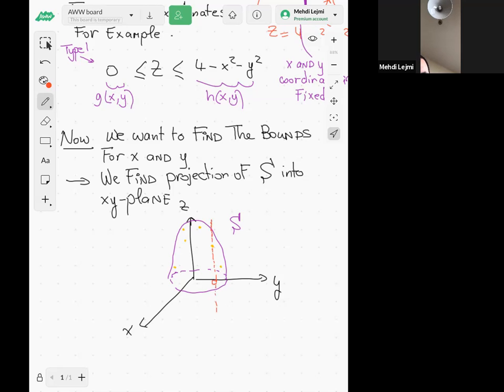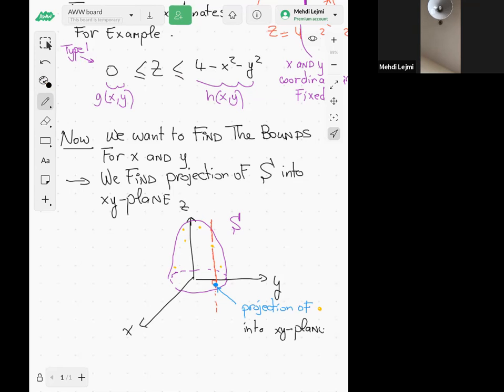So this is this line here. All right, so then the intersection with the xy plane would be, let's say, this blue point. So this point here is the projection of my yellow point into the xy plane.